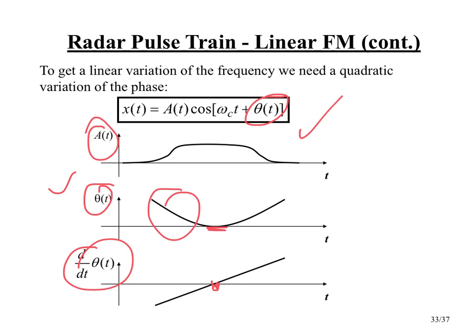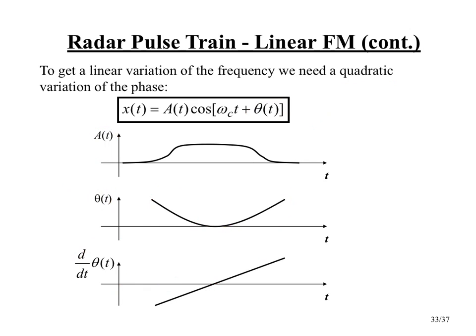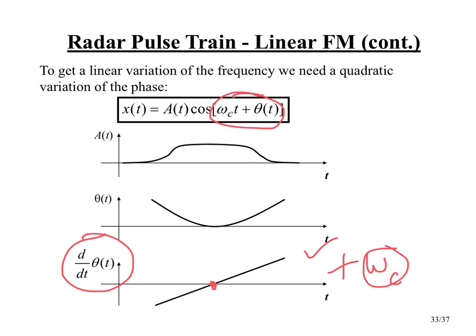Up in this region we have a negative slope, and in this region we have a positive slope. Since it's a quadratic, the derivative of a quadratic is a straight line, so indeed we get exactly what we expect. Our instantaneous frequency deviation is a line that goes through 0 at the center of the range, so that when I add omega sub c, the instantaneous frequency in the center will go through omega sub c.